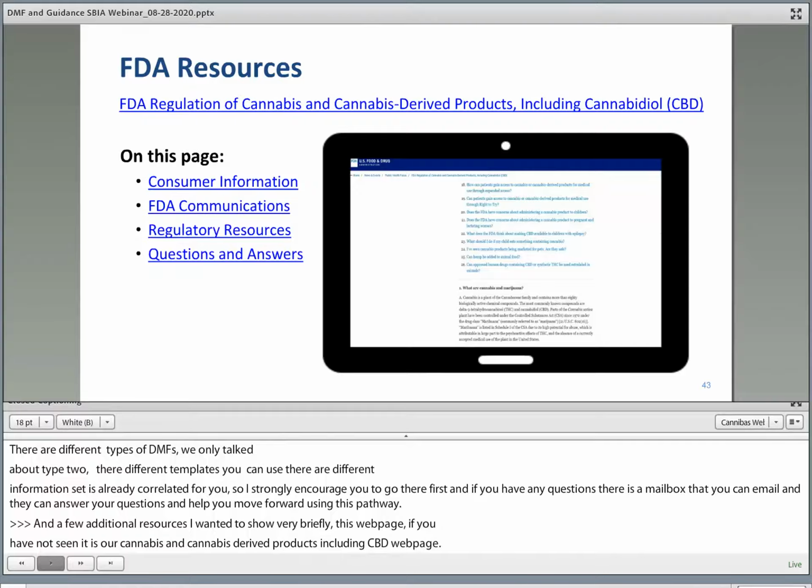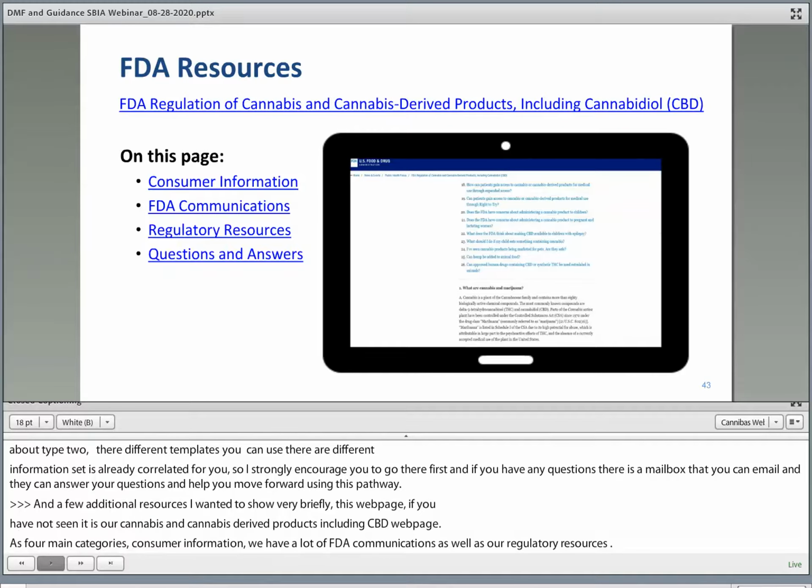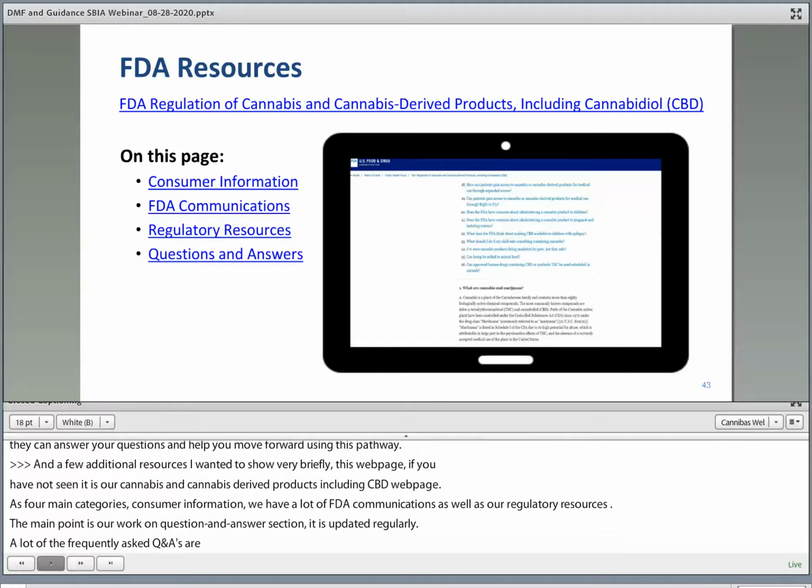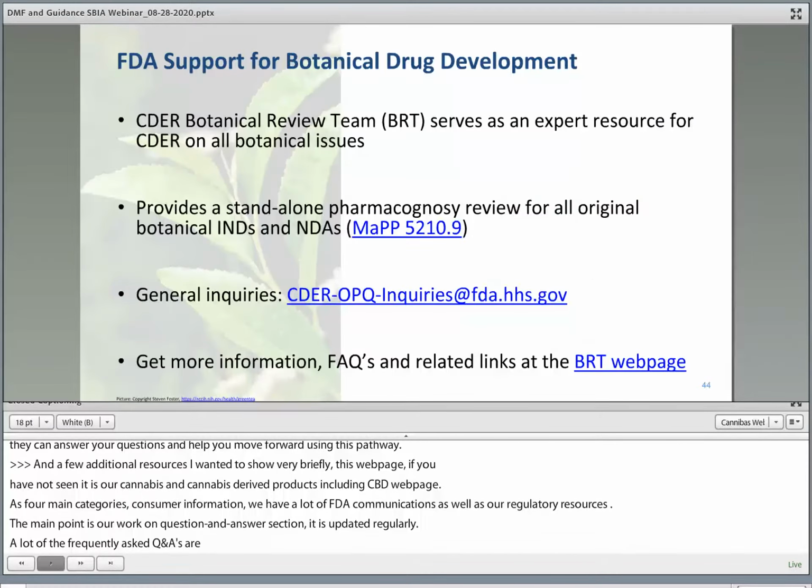And we have about, I think, 26 or 27 questions on there, but I know it's being updated very regularly. So a lot of the frequently asked Q&As are there. So please go there if you haven't checked out this website. And if something is missing, you can send us a note and let us know. And if we get a lot of requests for a specific Q&A, we can go ahead and update this website. So make sure you check that out when you have some time.